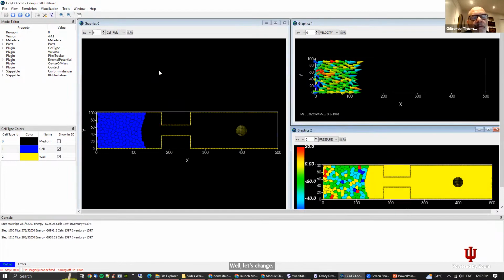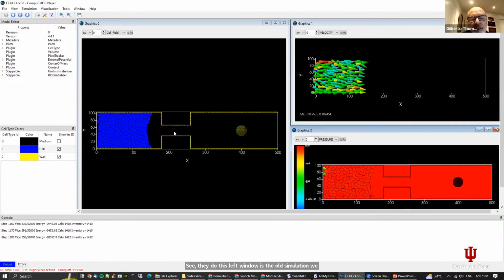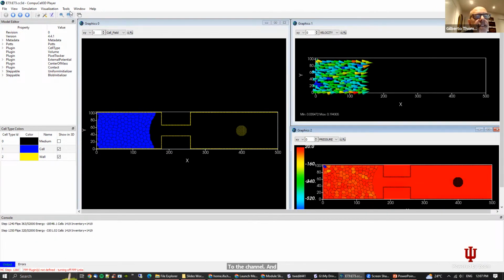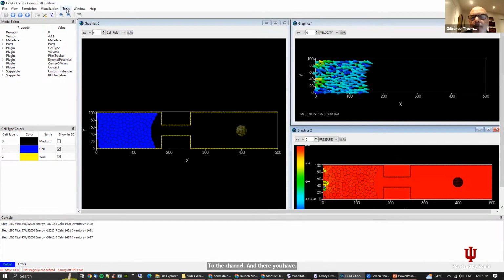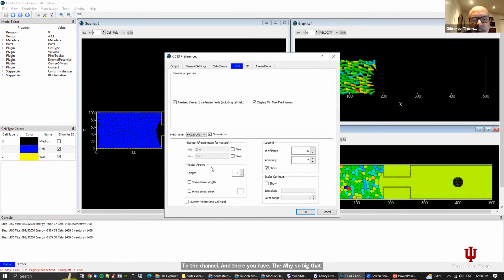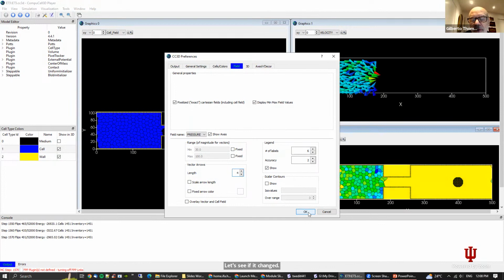See, this left window is the old simulation we saw last week, with the cells going into the channel. And there you have the, why is it so big? Let's see if it changed. Yes, it changed. Let's put it a little bit smaller.